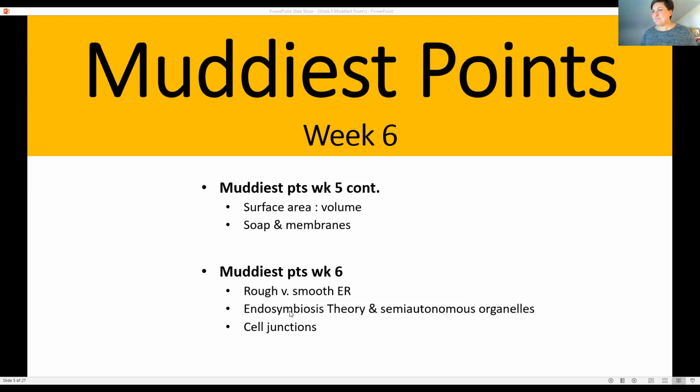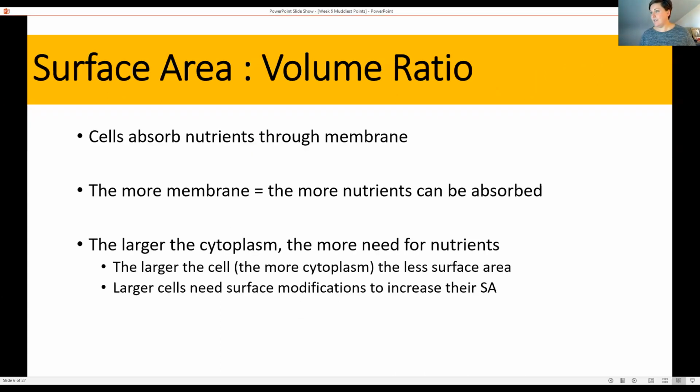All right. So let's get started. First off, I want to address something, again, a very challenging concept in general, which is surface area to volume ratio. And I think everybody's sort of understood that cells get bigger, okay. But one of the essential things is, why does this matter?